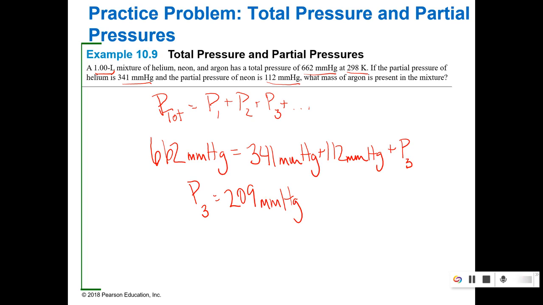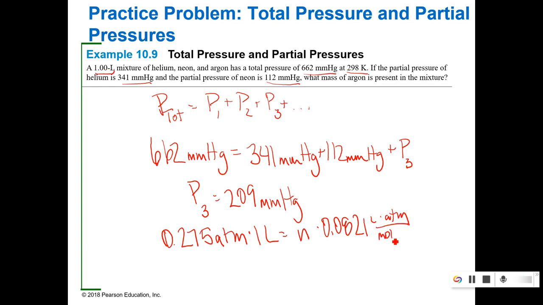Don't forget to convert to atmospheres, so I get 0.275 atmospheres times 1 liter equals n, I don't know moles, times R times T. I get that n is 0.112 moles, and then I take that number and multiply it by the molar mass of argon, 39.95.